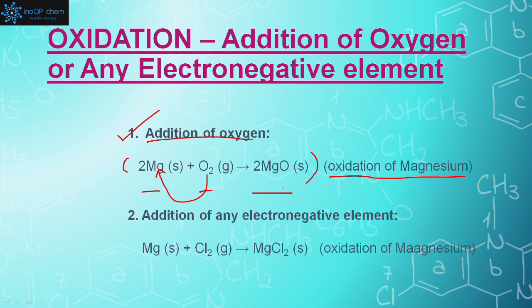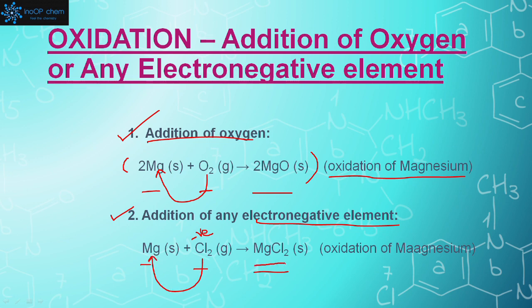Now in the second reaction, addition of any electronegative element. In this reaction, magnesium and chlorine combine to form magnesium chloride. As we know, chlorine is an electronegative element. It combines with the magnesium and forms magnesium chloride.